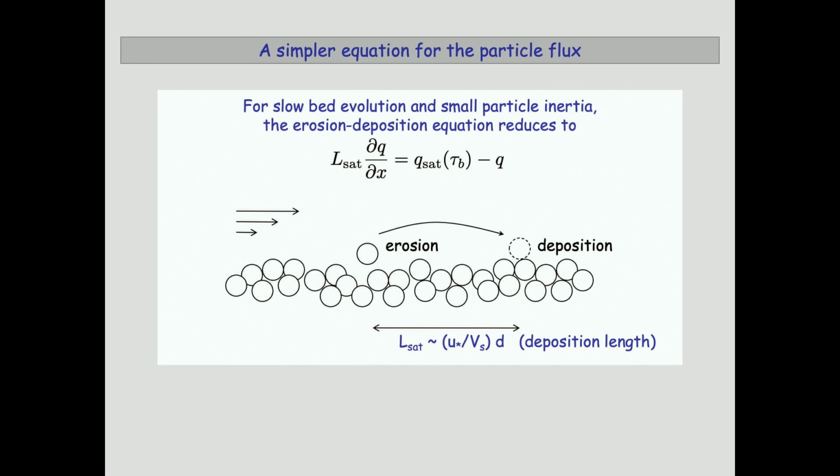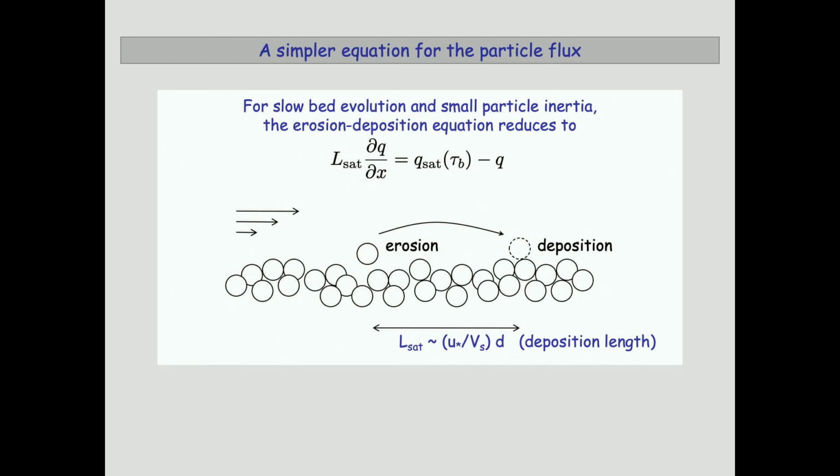And so the above equation for mass conservation may be simplified to this very compact equation, which is an equation for q, which is the flux. Here it's little q, before it was capital Q, but it's the same, which is the product of N by U, the particle velocity.